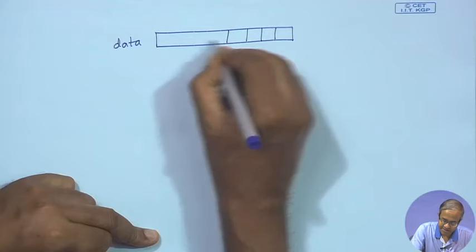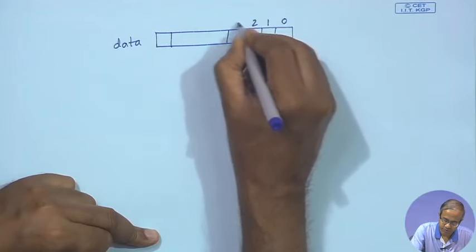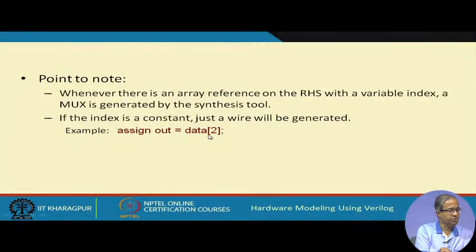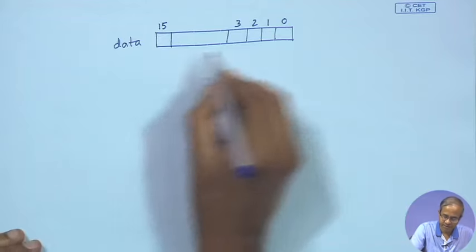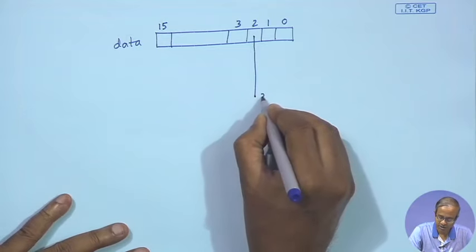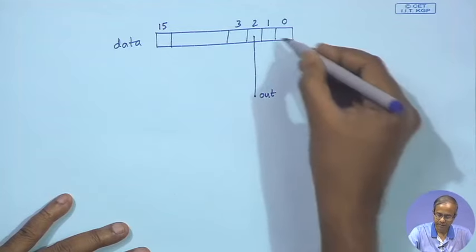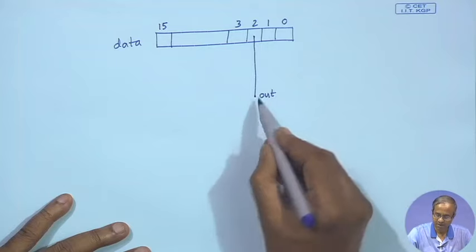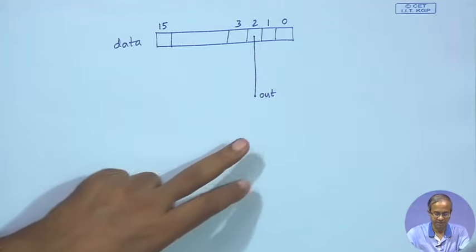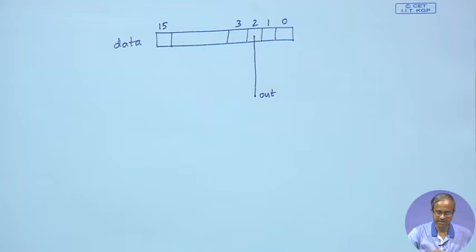It is a 16-bit vector, so the index values will go from 0 up to 15. When we say assign out equal to data 2, that bit will straight away be taken out and called out. No circuit will be generated, it will be just wiring. This particular bit will be given the name out. No gates or hardware blocks will be generated for an assignment like this.